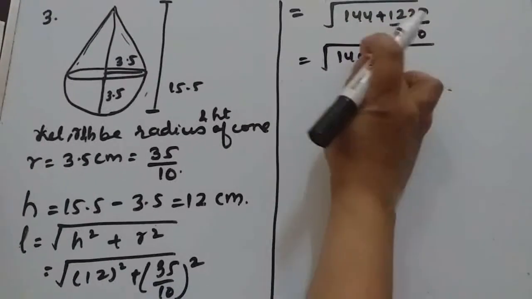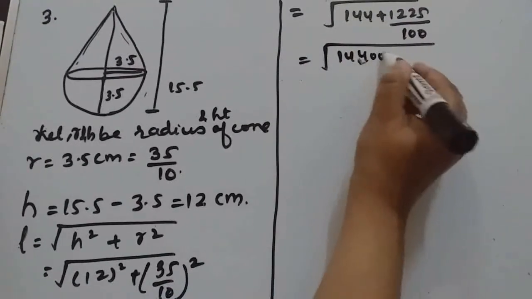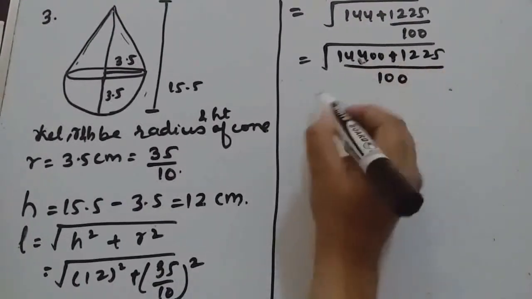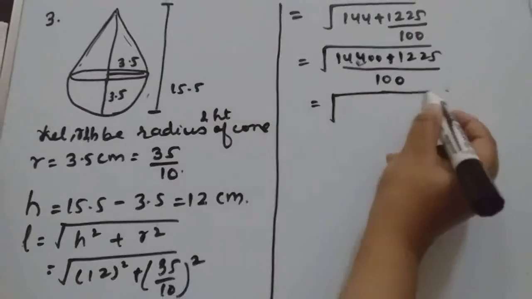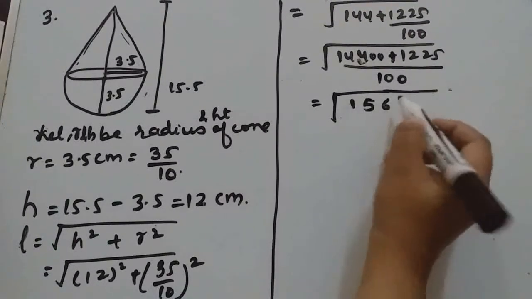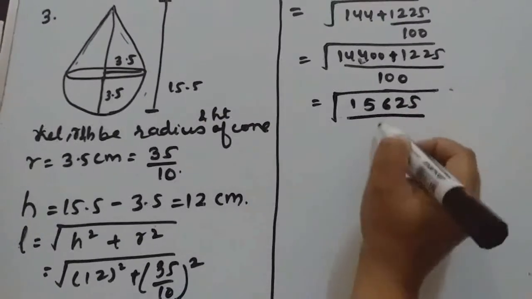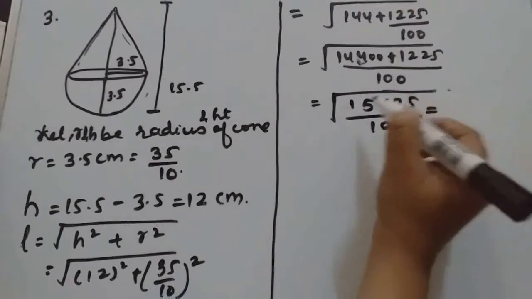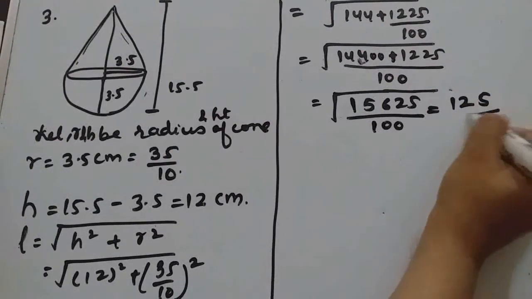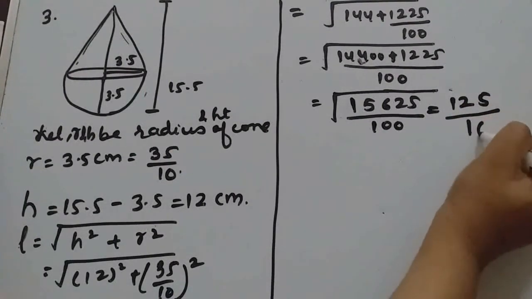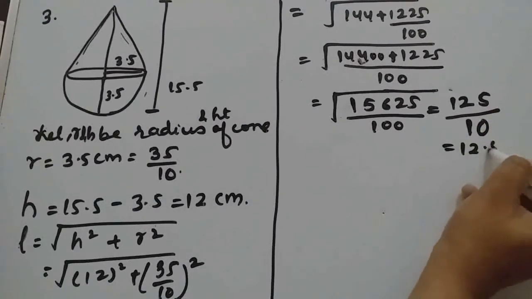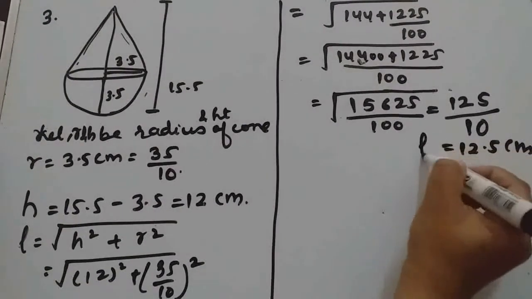Cross multiply, so 1400 plus 1225 will give 15625 divided by 100. The square root of this is 125 divided by the square root of 100, which is 10. So the answer will be 12.5 centimeter. This is what L is.